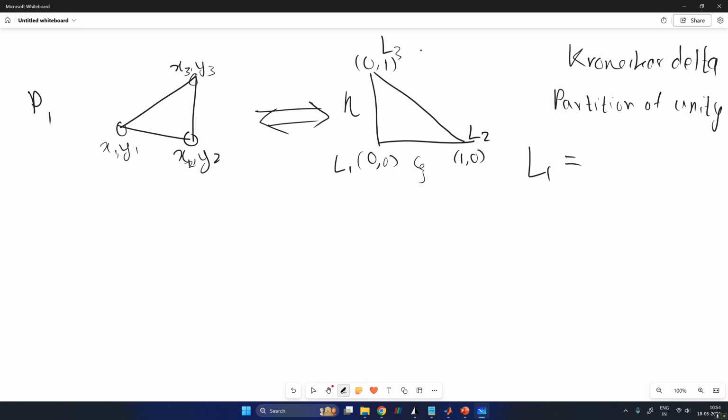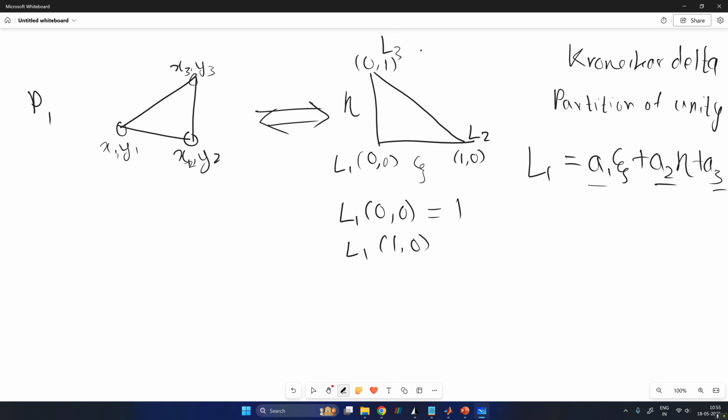Let us represent L1 as A1 psi plus A2 eta plus A3. You have three unknowns, so you need three equations, and you can simply solve for them using the Kronecker delta property. We know that L1 is 1 at the node (0, 0), and it is exactly 0 at the other two nodes. Just by solving these three equations, you can get the values of A1, A2 and A3, and you could do the same thing for the other two.